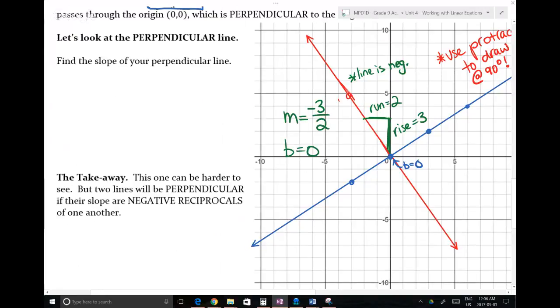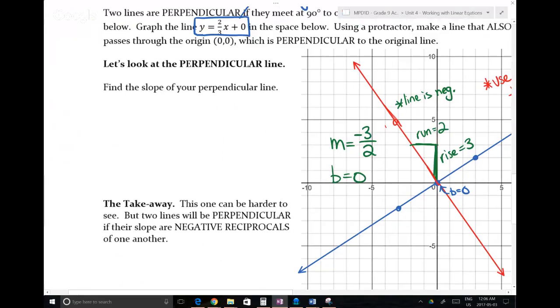In this case. Well, it doesn't matter. But I want you to take a look. The original blue line had a slope of 2 over 3. And our new line, the red line, the perpendicular line, has a slope of negative 3 over 2.